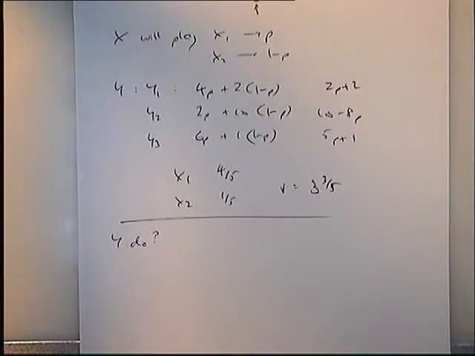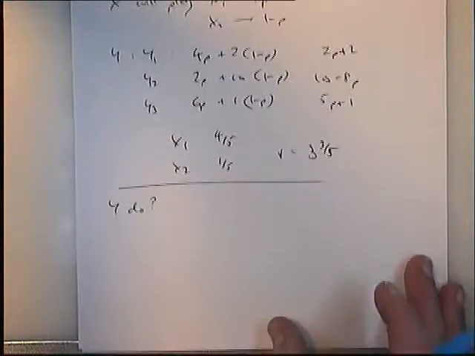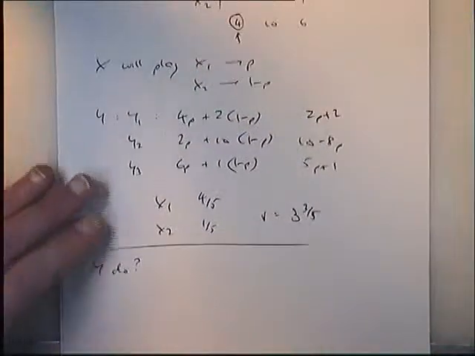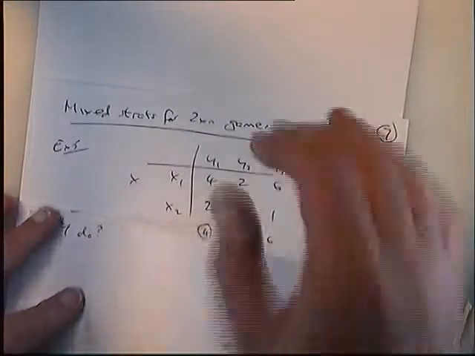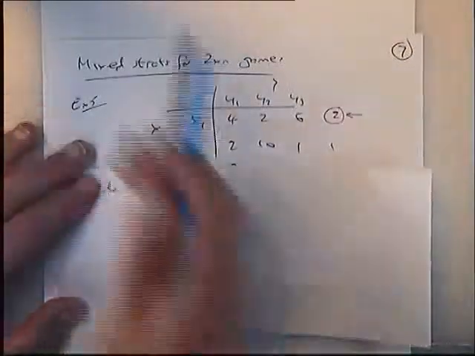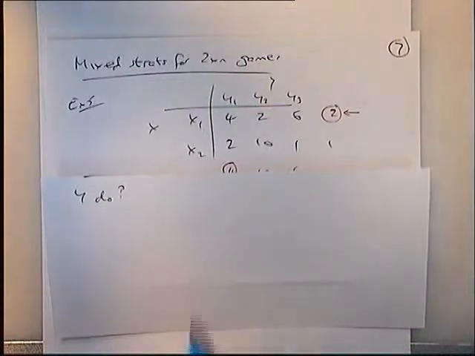Now it will always be the case that the player with more than 2 strategies will only ever use 2 of them. So let's look at the analysis for y a minute. I can fold my bit of paper up here. And look at that matrix. We need to know, what should y do?